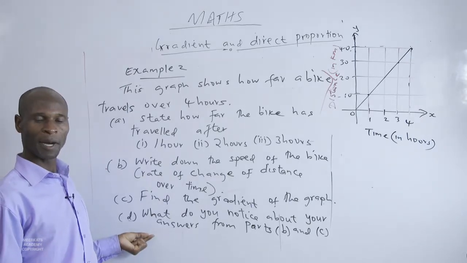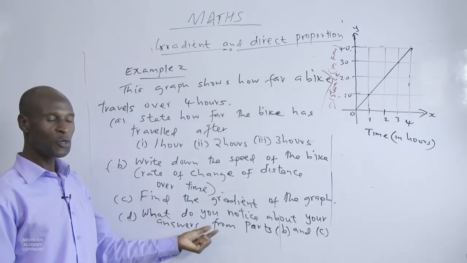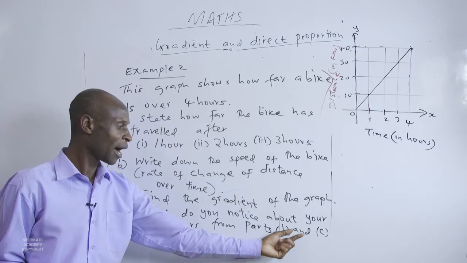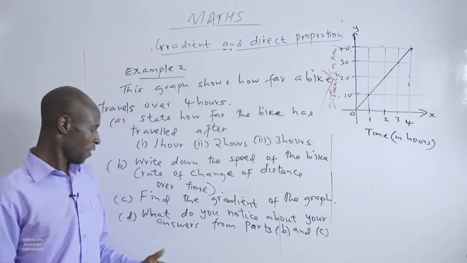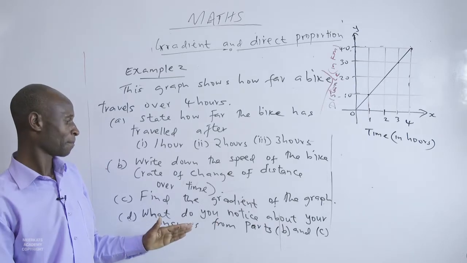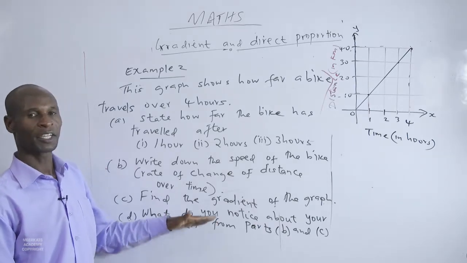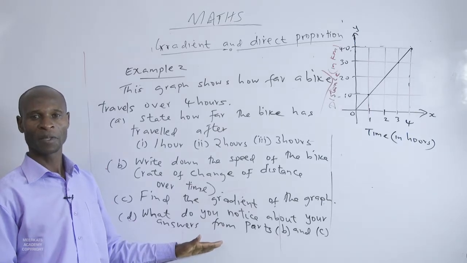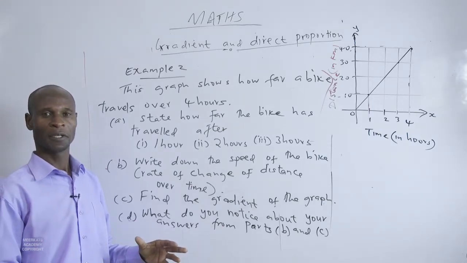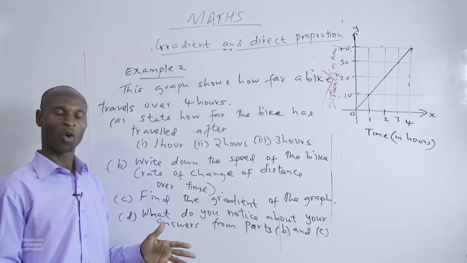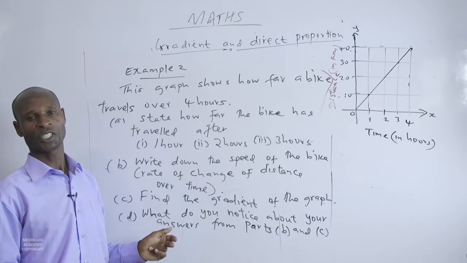And lastly, part D, what do you notice about your answers from parts B and C? So in that part D, we are supposed to compare the answer obtained in part B and the answer obtained in part C and conclude whether the two are connected or they are not connected.